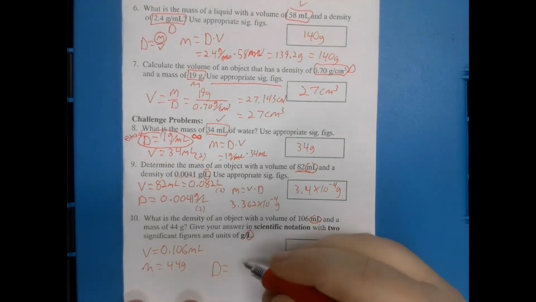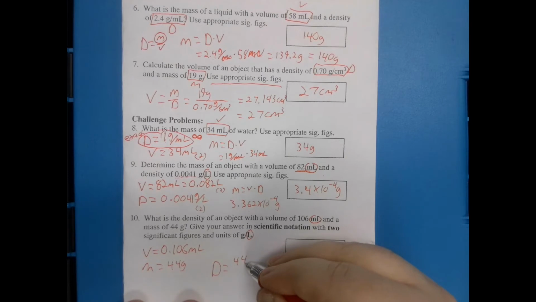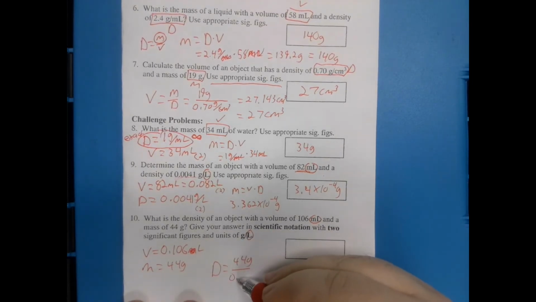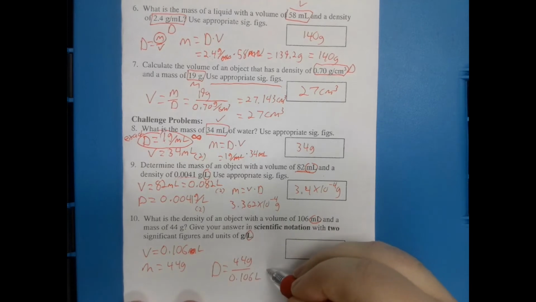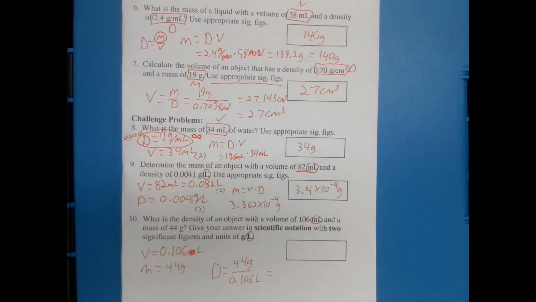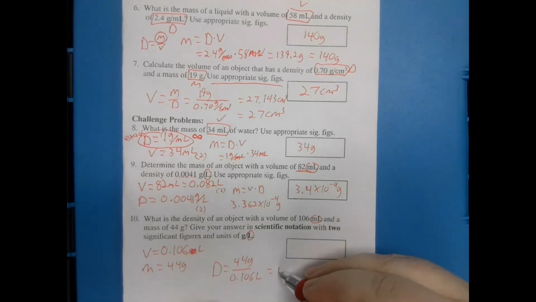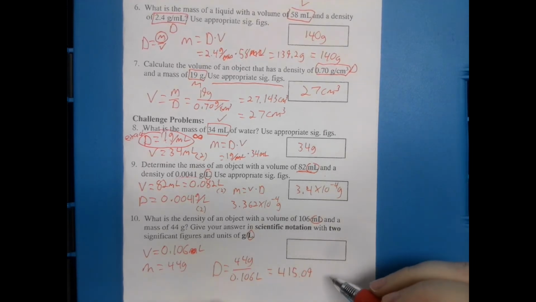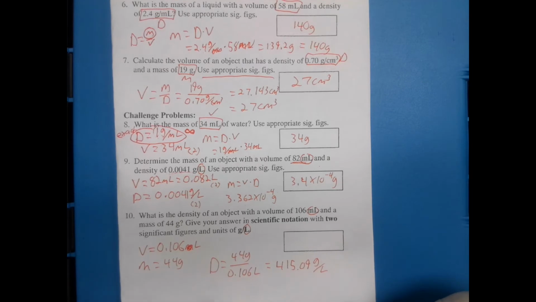So density would be equal to 44 grams, and that should be liters, 0.106 liters. And that equals 415.09, and this would be in grams per liter.